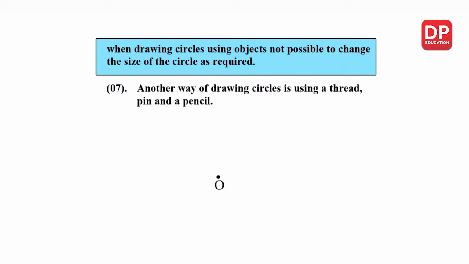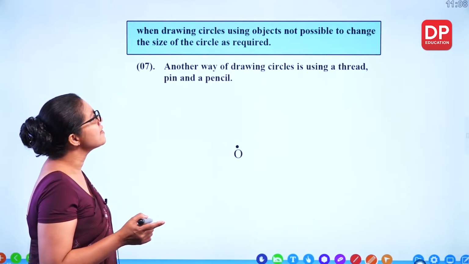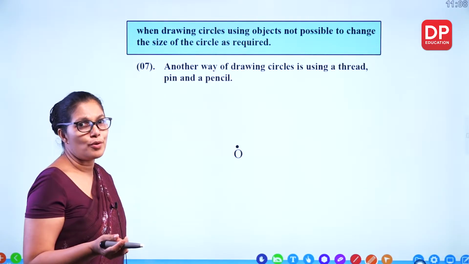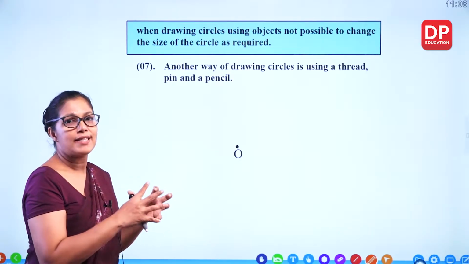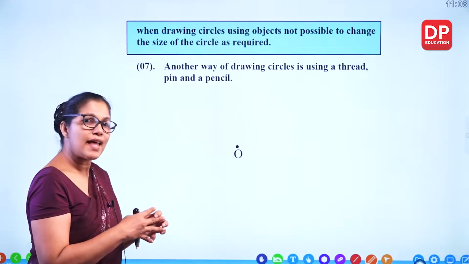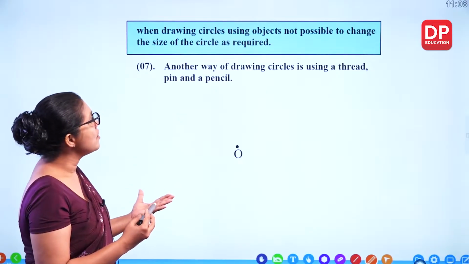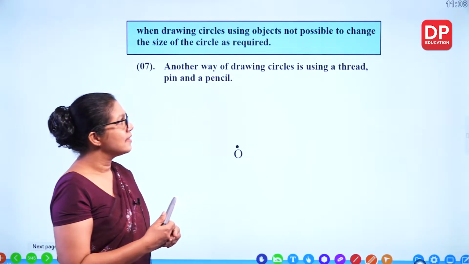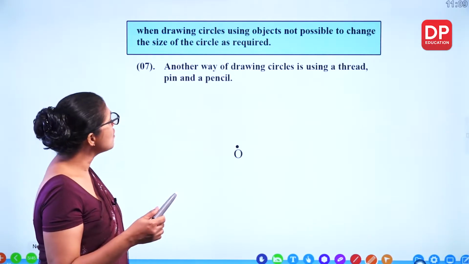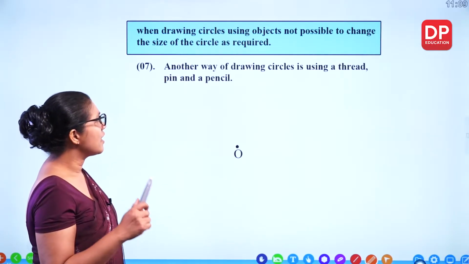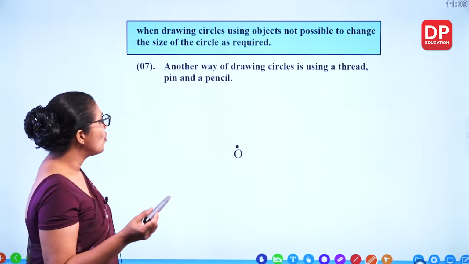When drawing circles using objects, it is not possible to change the size of the circle as required. We all know, if it's a bangle, you can draw a circle with the size of that bangle. You can't change it. So how can we draw circles with different sizes? This is one method. You can take a thread, pin and a pencil.